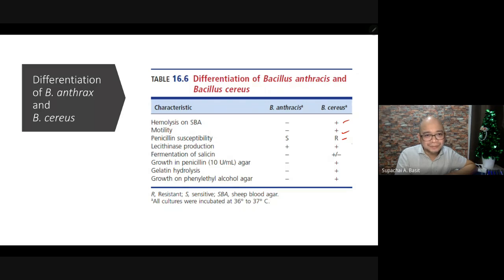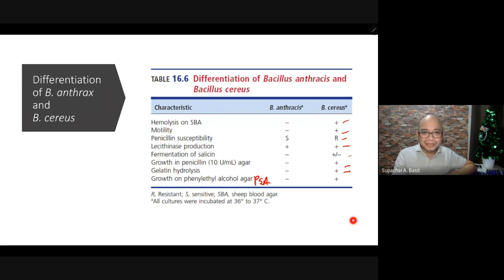Bacillus cereus can produce citrate, and they may ferment salicin, and it can even grow in agar that contains penicillin. They can hydrolyze gelatin, and they can be grown in phenylethyl alcohol agar or the PEA medium.